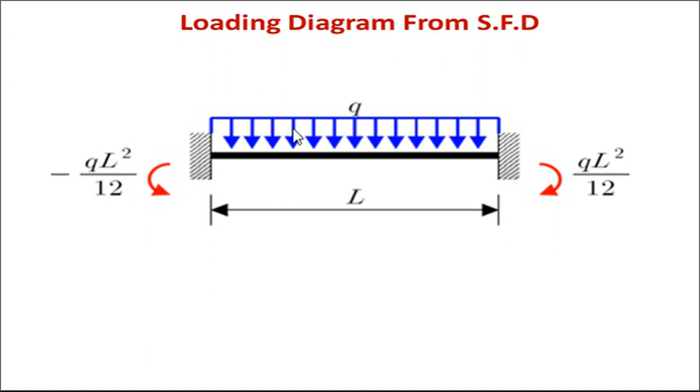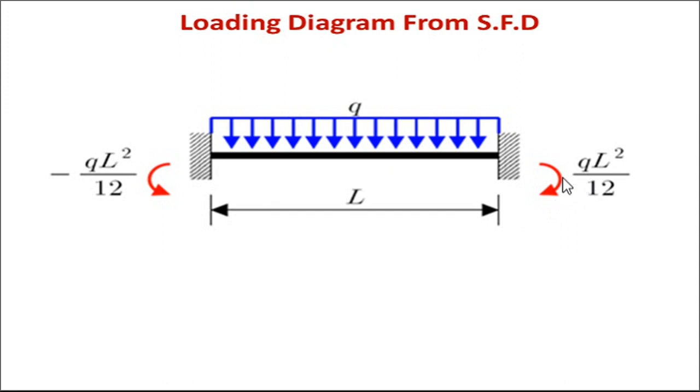Q is the intensity of this uniformly distributed load. That's why the moment at this end is QL square divided by 12. The total span of this fixed beam is L, and at the other end the moment is clockwise and the intensity is the same, but it is acting in the clockwise direction.